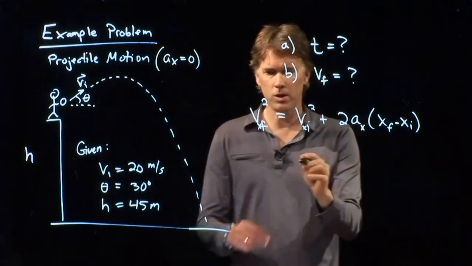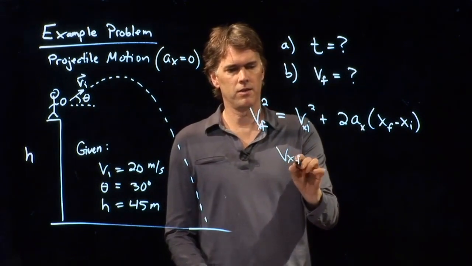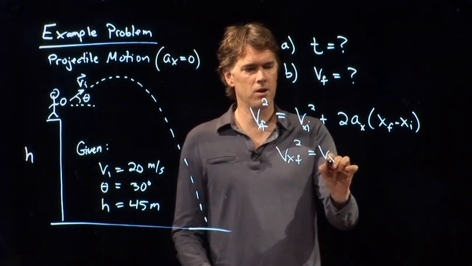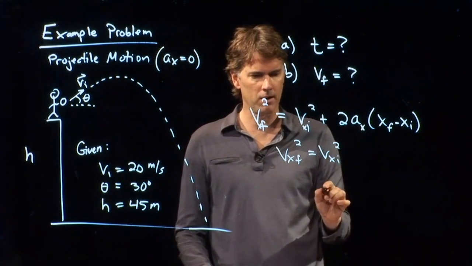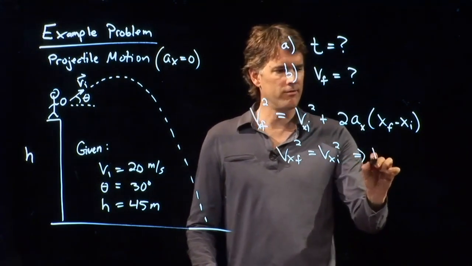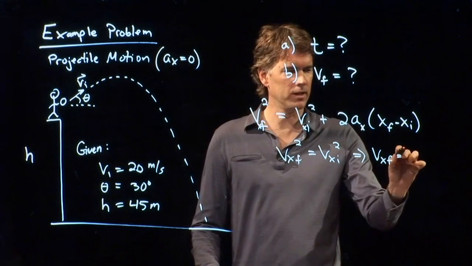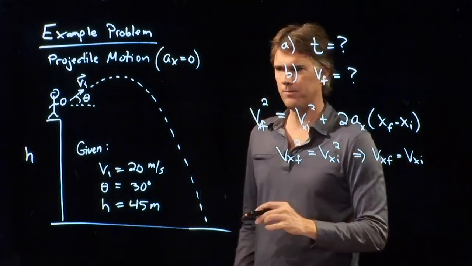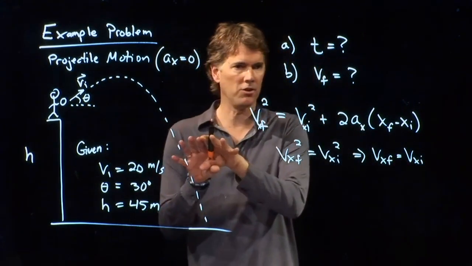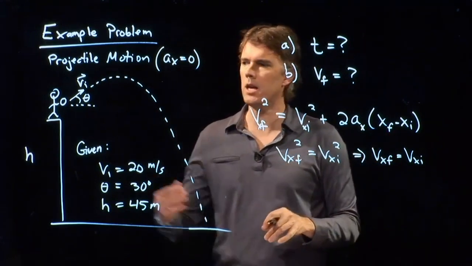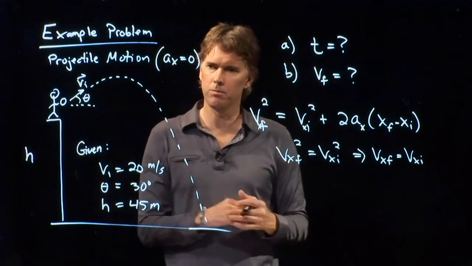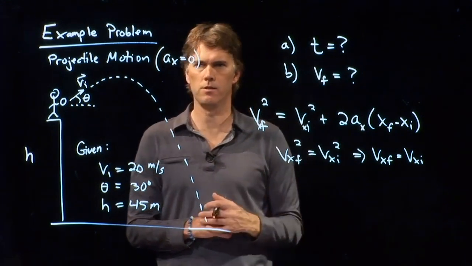And so all this equation tells us is that Vxf squared is equal to Vxi squared, or Vx final is equal to Vx initial, right? It doesn't change its speed in the x direction. The x component of the velocity doesn't change.